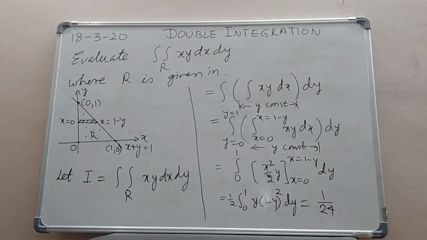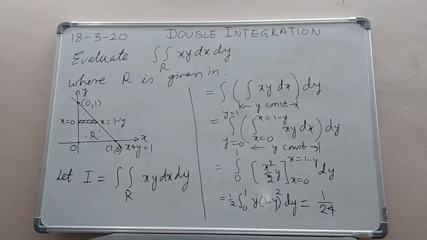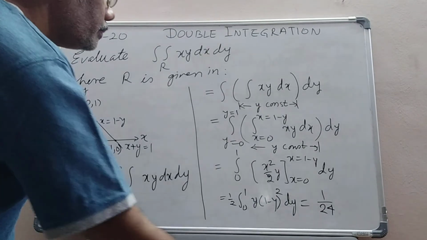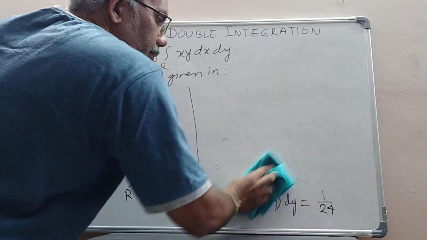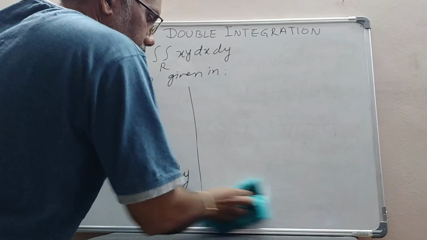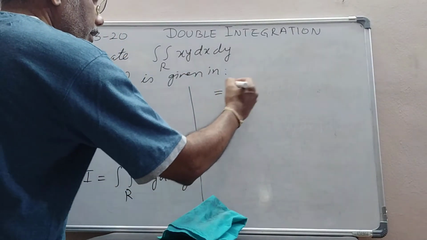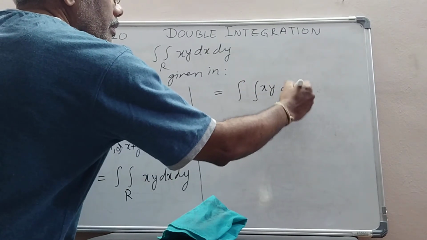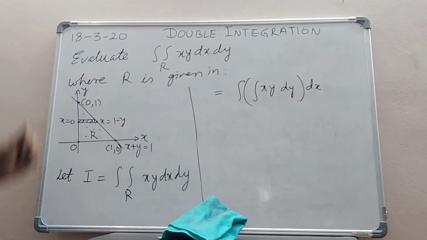All right. Let me just do it the other way, namely first integrate with respect to y and then with respect to x. And let us just see what the value is going to be. So I start from here and I write it like this. After doing this, I will integrate with respect to x.